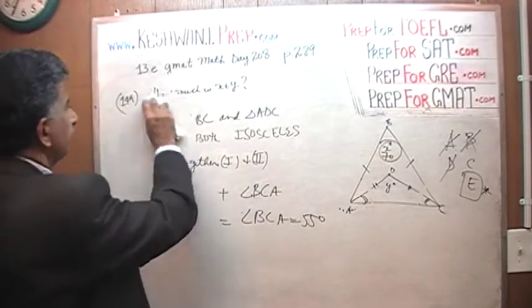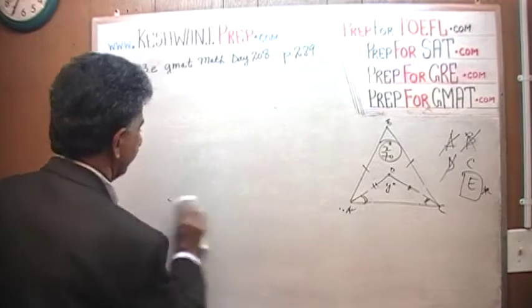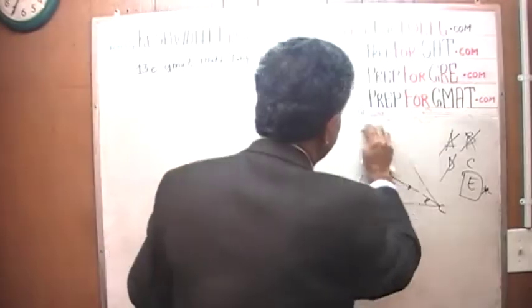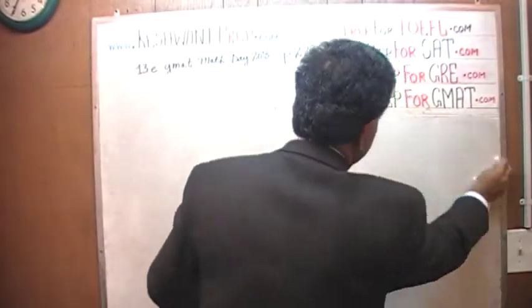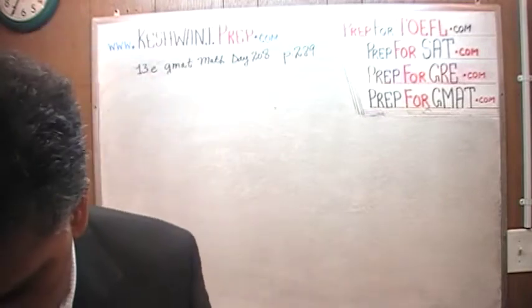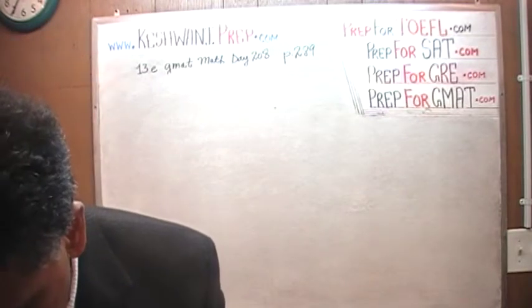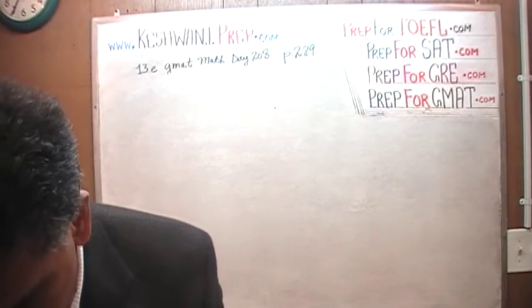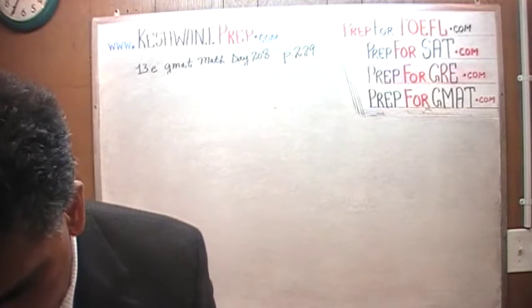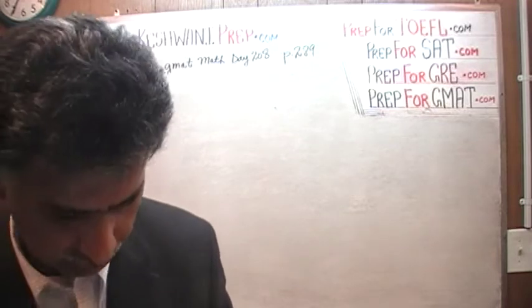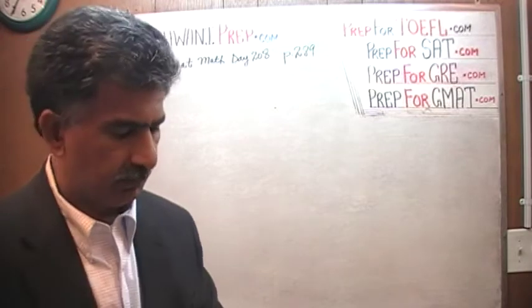Number 150. In 150, the second problem on the page, how much money did Jean earn from commission on her sales in the first half of 88?